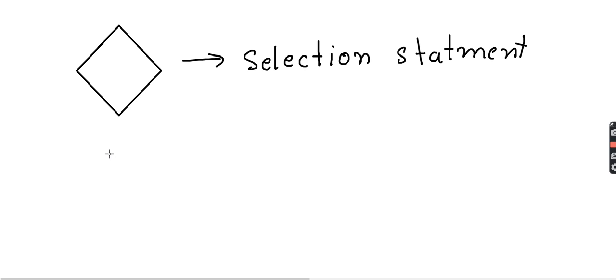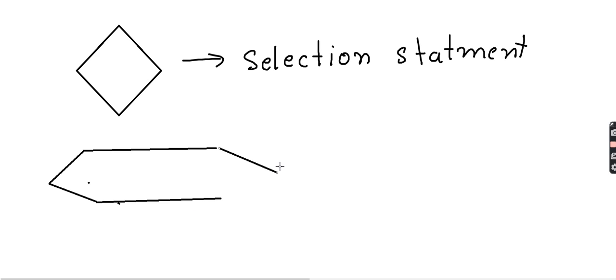So next thing we have is repetition or for loops. This is the symbol for that. This is called repetition or looping, basically for a for loop.